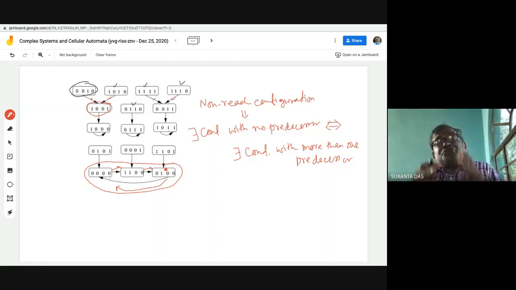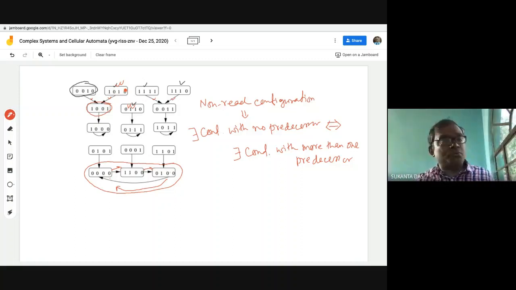In general, when a finite CA is given, you'll find some cyclic configurations and some acyclic configurations. Acyclic configurations are of two types: reachable and non-reachable. In fact, I should say it in the reverse way.